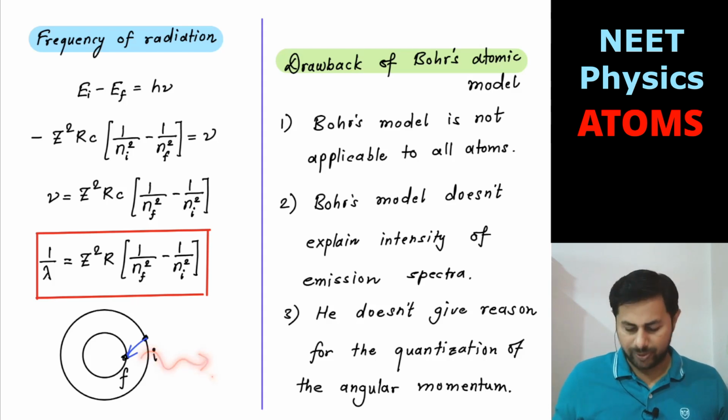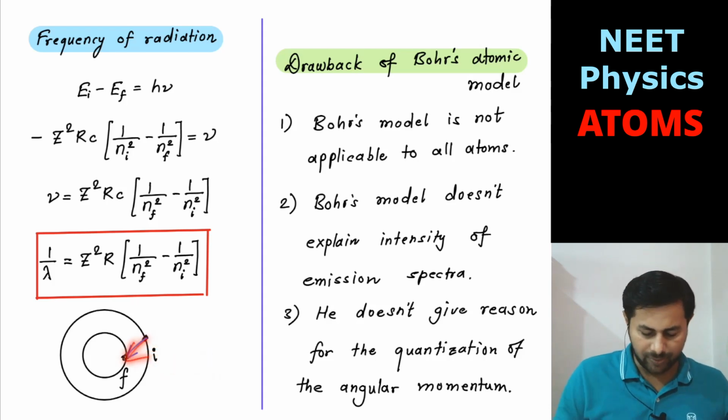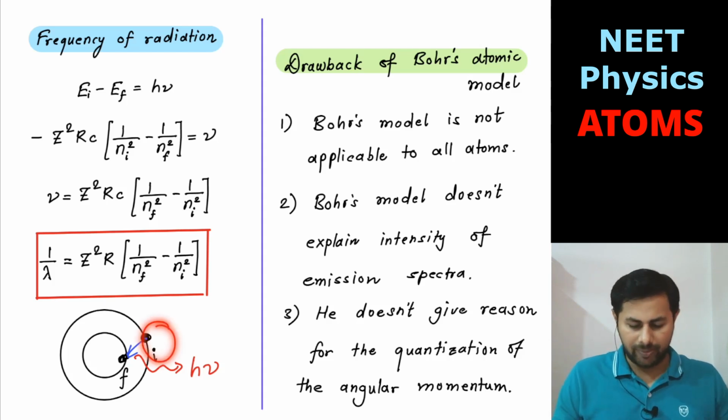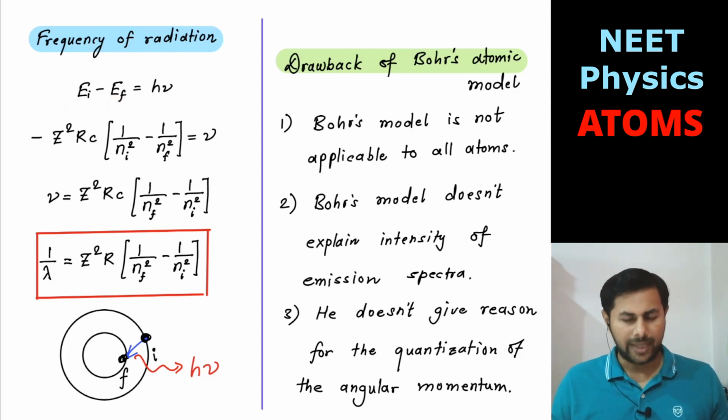The energy of that photon, h nu, is just equal to the energy difference between these two orbits: E_i minus E_f is equal to h nu.